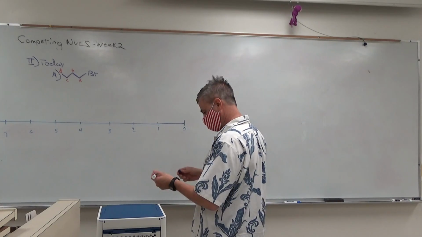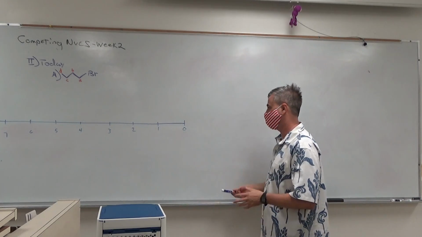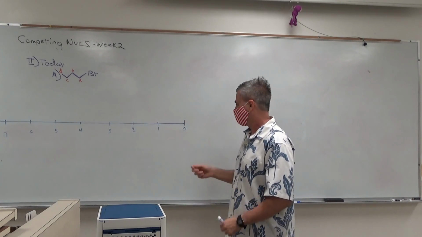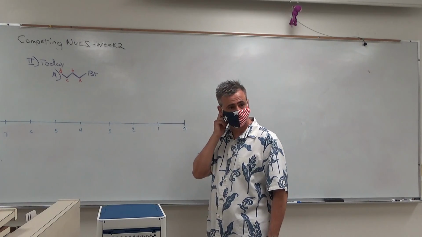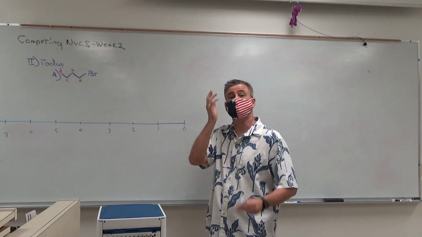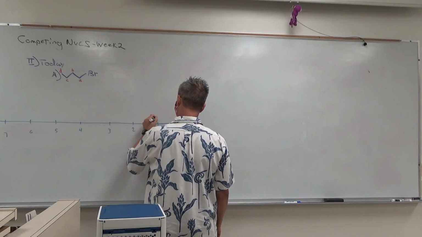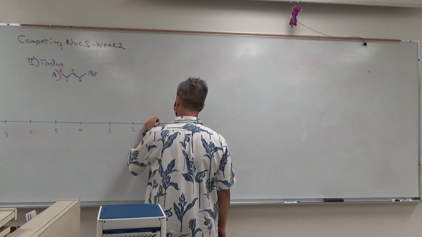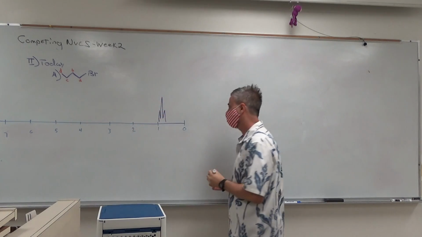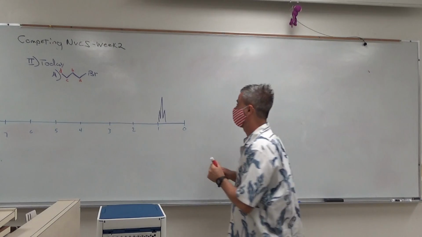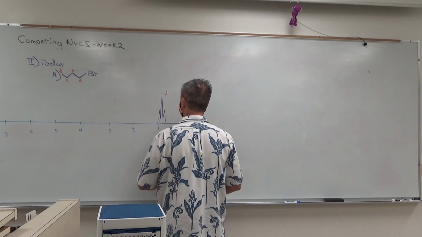So we expect D here, and what do we expect the multiplicity for D to be? A triplet, exactly. Very good. That's what we expect there.